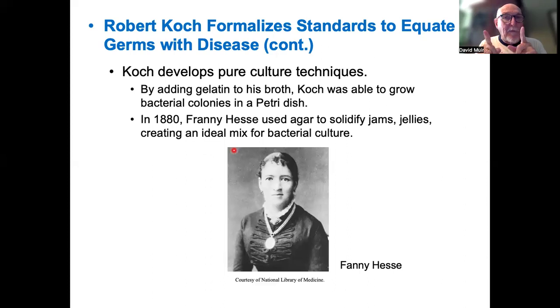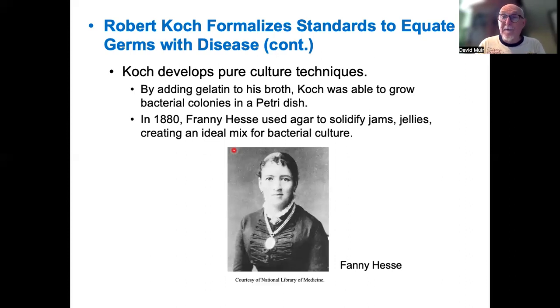But here's the problem. That's that solid medium. How do you solidify a nutrient broth? Well, when they first tried it, they used gelatin. Gelatin is a very good solidifying agent. That is what Jello is. But there is a problem when you use it in bacteriology, and that is that many, many animal pathogens love gelatin.